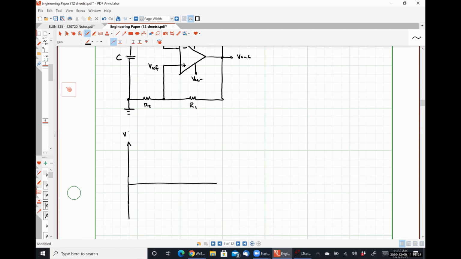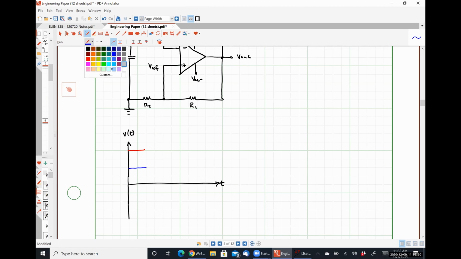So here's where all my voltages as a function of time are going to go, and here is time. So our output voltage, which I'm going to draw in, I guess, red, it's starting as positive, okay? As long as the output voltage remains positive, our reference voltage will also be positive.